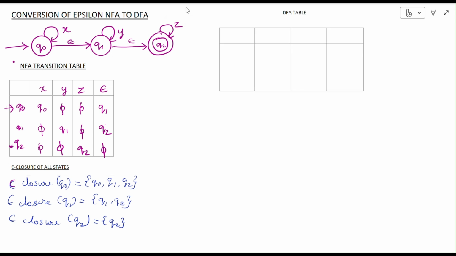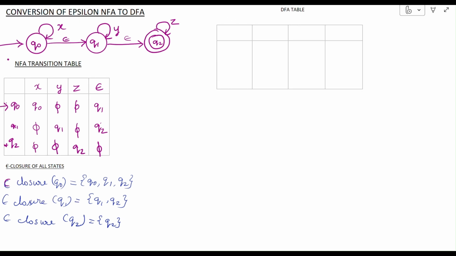The next step is constructing the equivalent DFA table. We first start with the starting state. The starting state in the NFA is Q0. So the starting state of the DFA will be the epsilon closure of Q0.